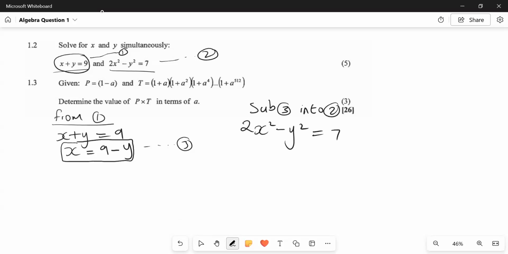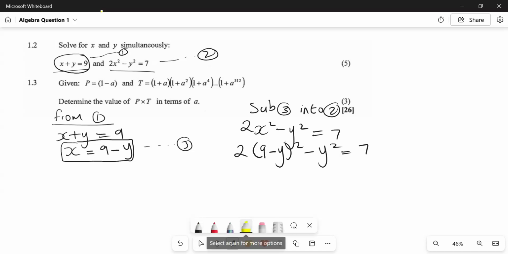So in place of x, we substitute 9 minus y. So we have your 2 there. Now we have 9 minus y in place of x, squared, minus y squared equals 7. Let me use a different color so that you can see that in place of x, I've substituted 9 minus y.